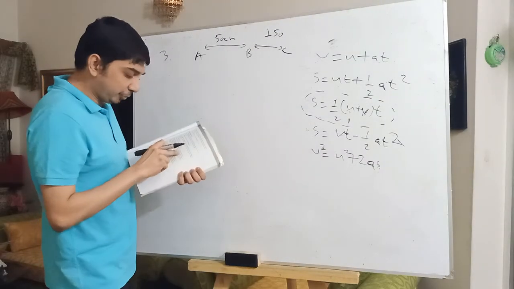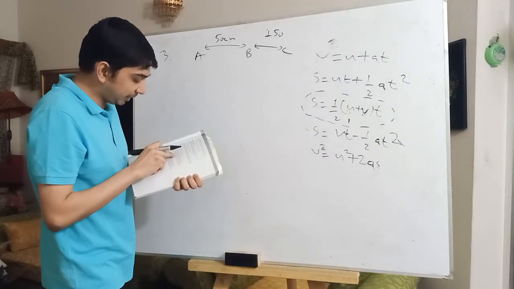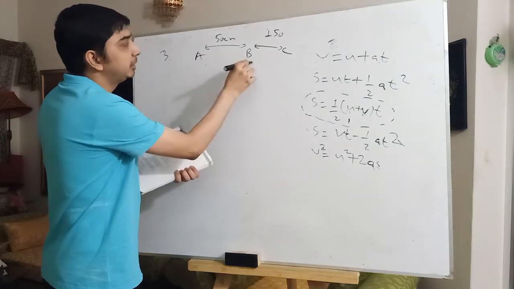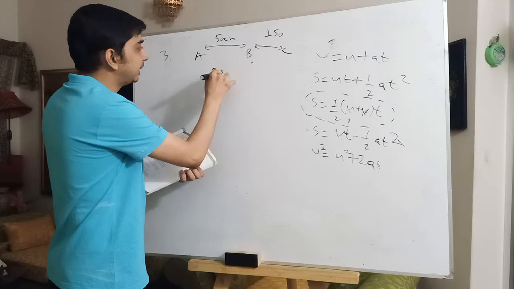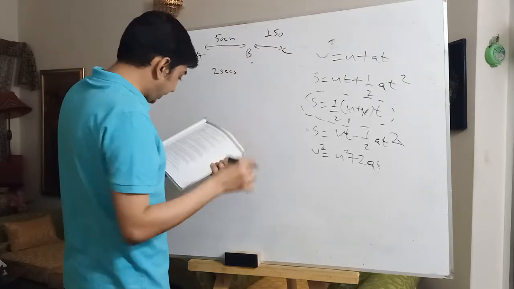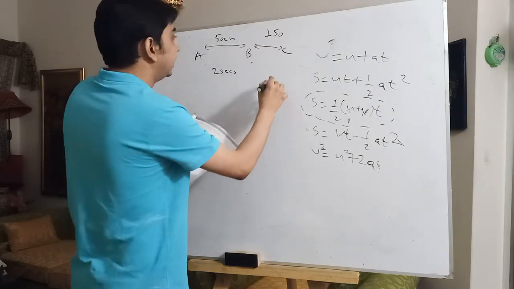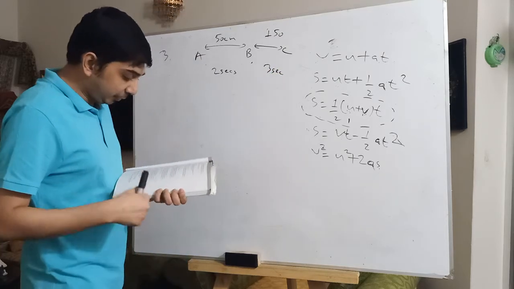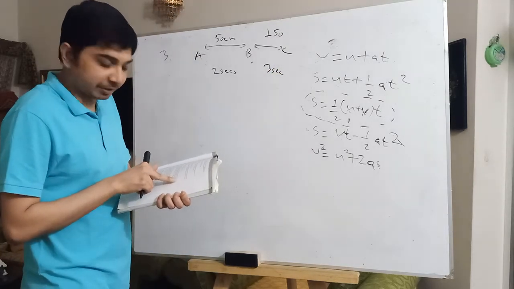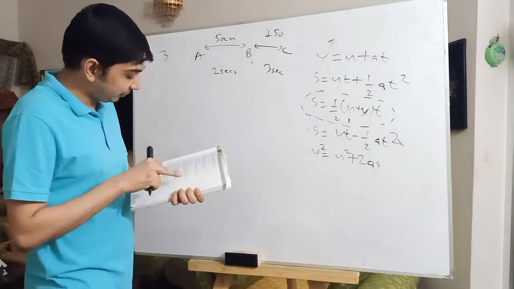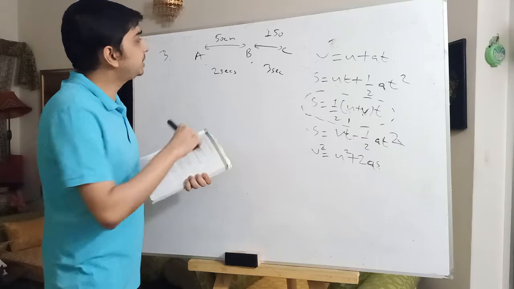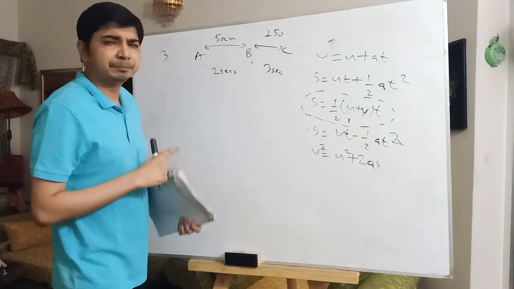After passing through A, the particle travels for 2 seconds before passing through B, so the time from A to B is 2 seconds. Then from B to C, it takes 3 seconds. We are assuming constant acceleration here. We have to find the acceleration of the particle and the speed with which it reaches C.